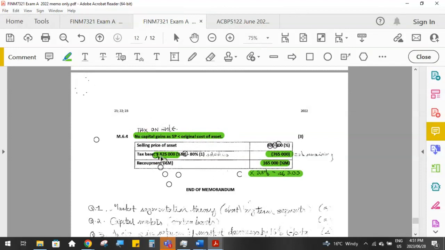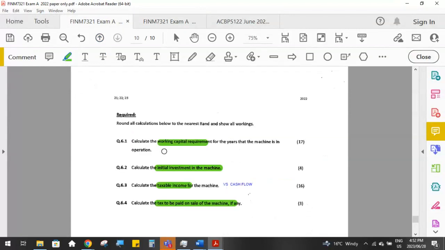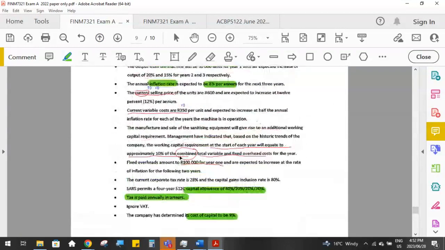If we had sold it for 4 million rand, then for the recoupment calculation, we would have used 3825 as the tax base, and the selling price minus the tax base, what's left over, would then be the taxable recoupment. And if we sold it for 4 million, the difference between the 4 million and the 3825 is then the capital gain, which we must multiply by the inclusion rate, I think they said there was an 80% inclusion rate.